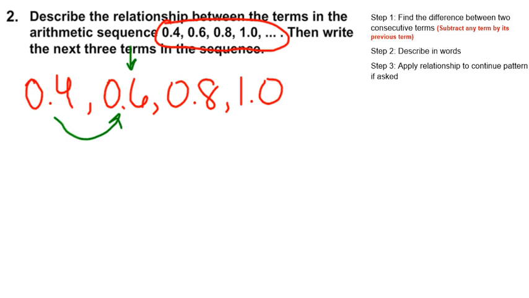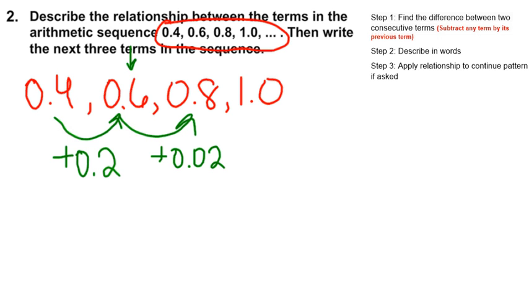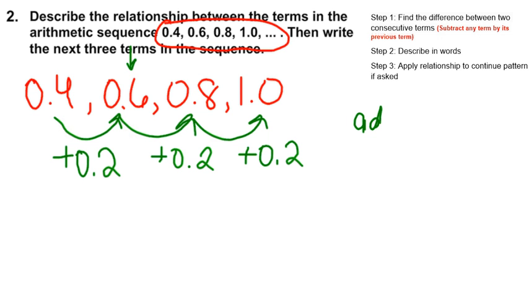We're going to subtract 0.4, and that's positive 0.2, which means we added 0.2 to that term. Same thing here, we're going to add 0.2. And in the last one, from 0.8 to 1.0, you're adding 0.2. So if you're describing it in words, you're going to say add 0.2 to the previous term.